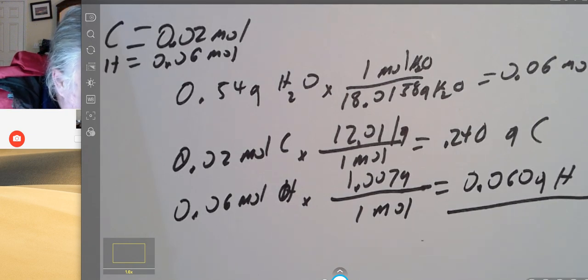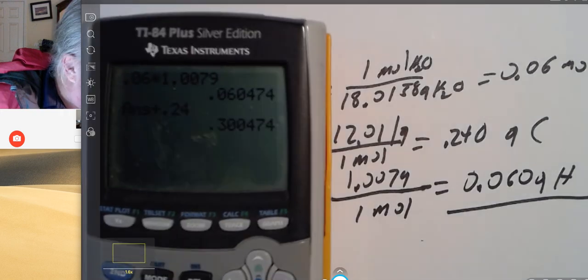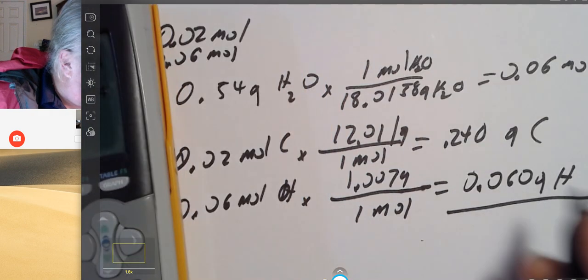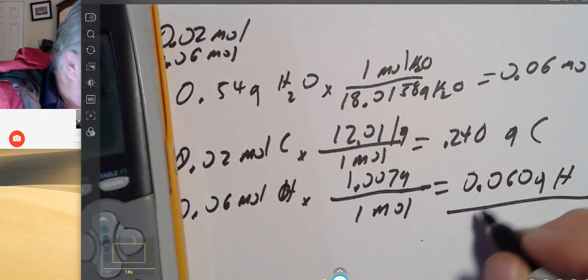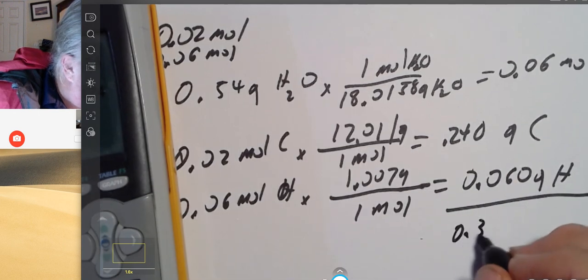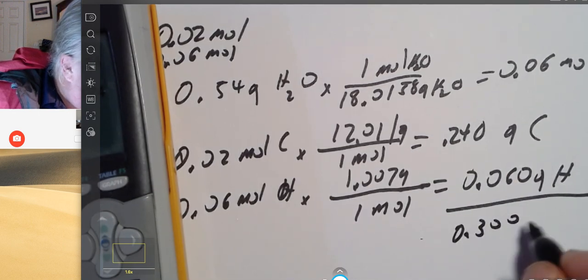So if I sum these grams up, I get 0.300 grams of carbon and hydrogen, right? 0.300 grams.